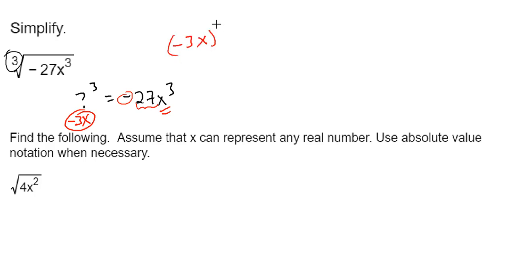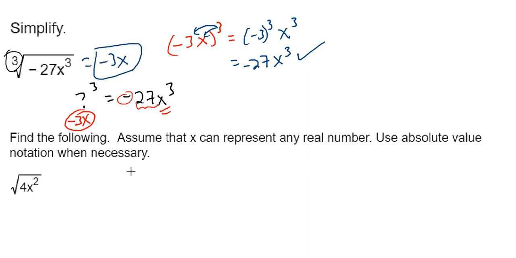If I take this and raise it to the 3rd power, we learned in Chapter 4 you can distribute the exponent. So I'll get negative 3 to the 3rd power, and then x to the 3rd power. Negative 3 to the 3rd power is going to be negative 27x to the 3rd power, which is what we were looking for. So the answer here is negative 3x. That's the thing that when it gets raised to the third power will match up to this.